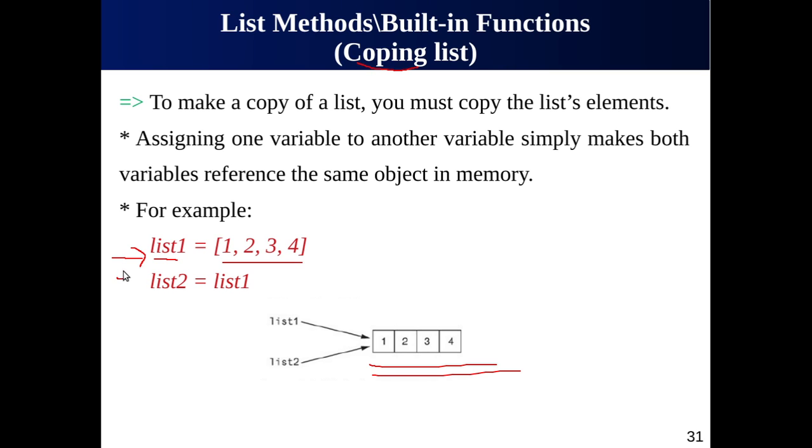In the second line, you assign list1 to list2. After this code is executed, both variables, list1 and list2, will refer to the same list in memory. Like this, list1 refers to this list, list2 refers to this list.